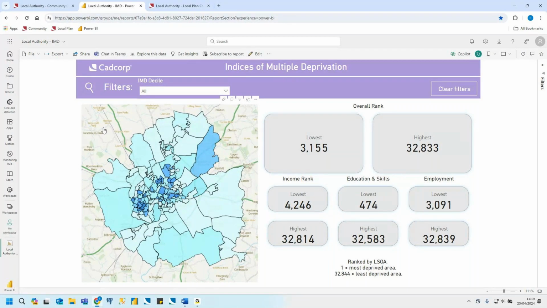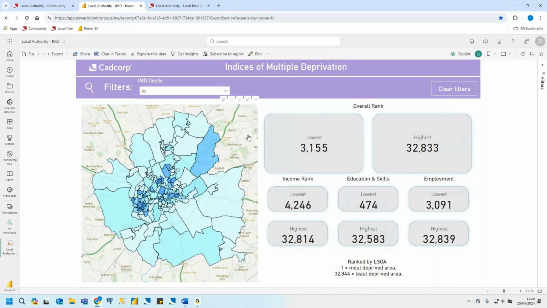But this particular report is focusing on the indices of multiple deprivation, which ranks every LSOA in the country in sequential order from 1 to 32,000 odd, with number 1 being the most deprived LSOA in the country. On the right-hand side of this report, we've got some stats and visuals telling us how York ranks in terms of IMD.